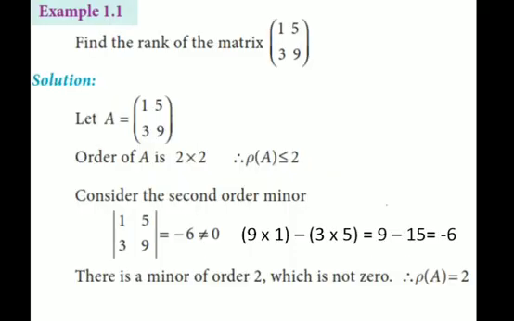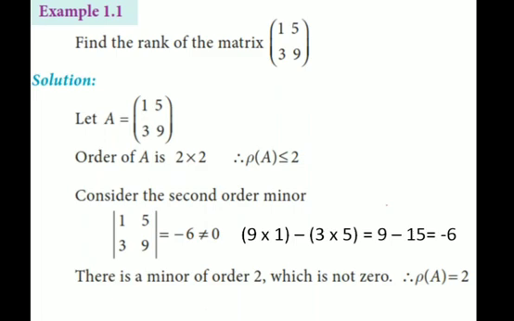First example in this chapter: find the rank of the matrix 1, 1, 5, 3, 9. Take it as the matrix A. The order of A: how many rows and how many columns? There are 2 rows, 2 columns.